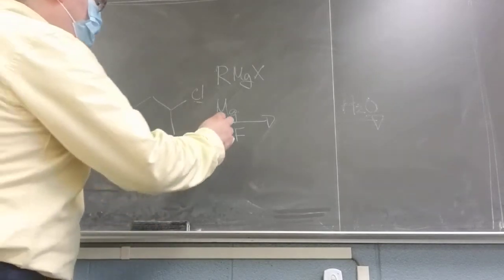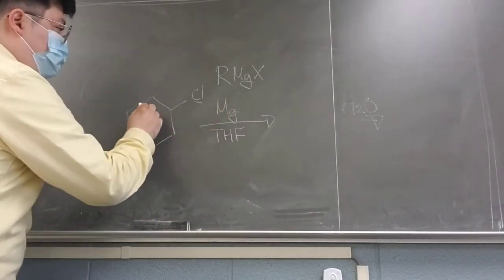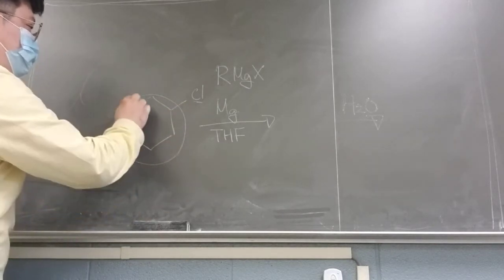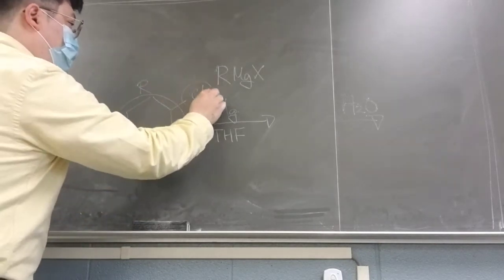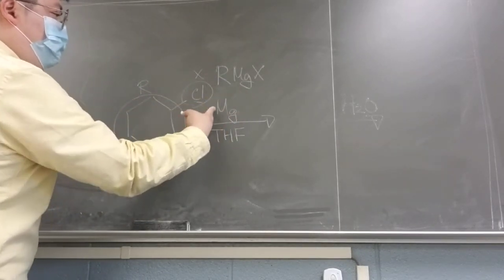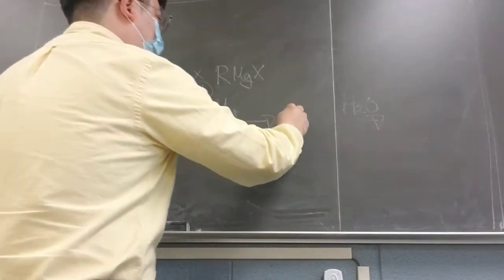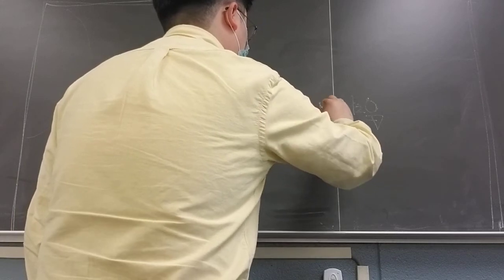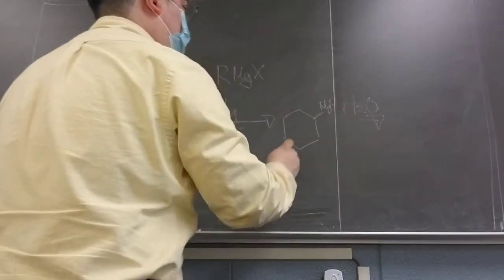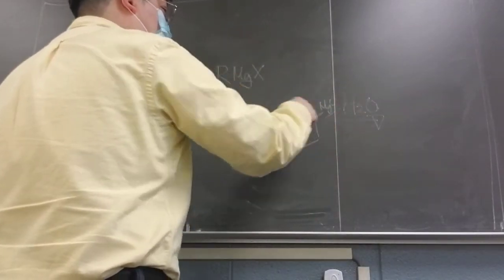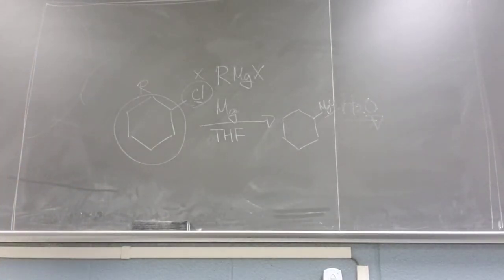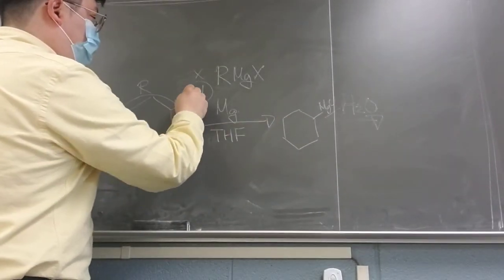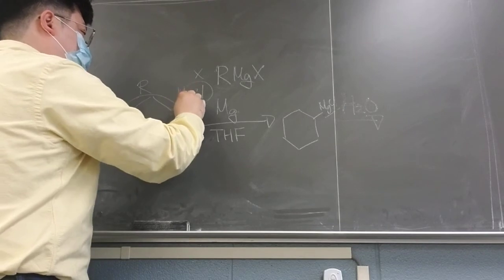Okay, so here's the thing. If you look at this one, it has an R and an X, a halogen. Whenever you treat it with magnesium, you get the MgCl form, so magnesium goes in between R and the halogen. So it'll be just R and put Mg.